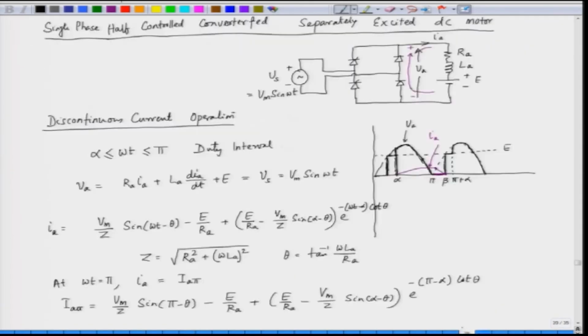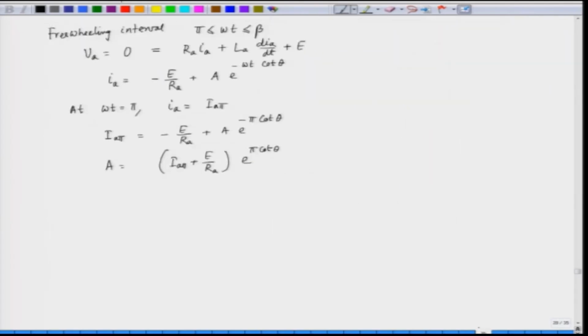So, we can substitute this value in the previous equation. We call it equation number 1, this is equation 2, this we call equation 3, and this is equation 4. So, we can substitute the value of A in equation 4, here equation 3 in this case.